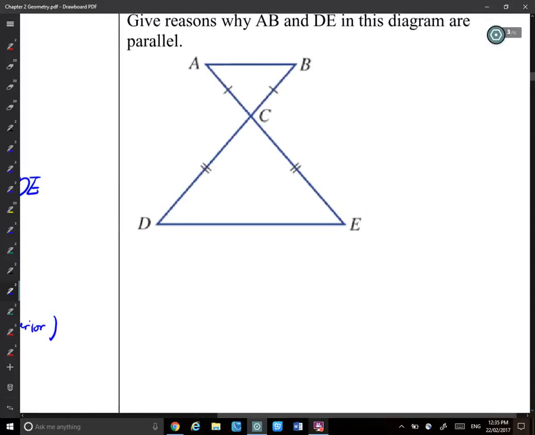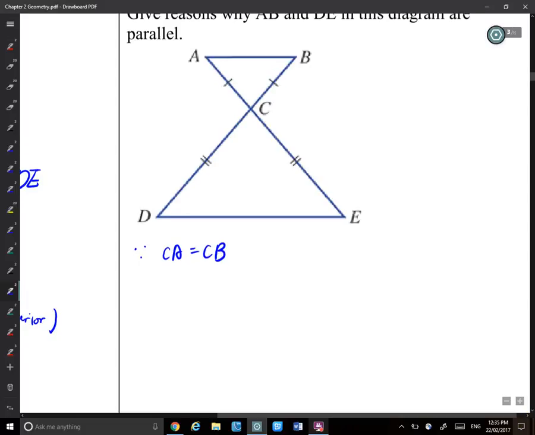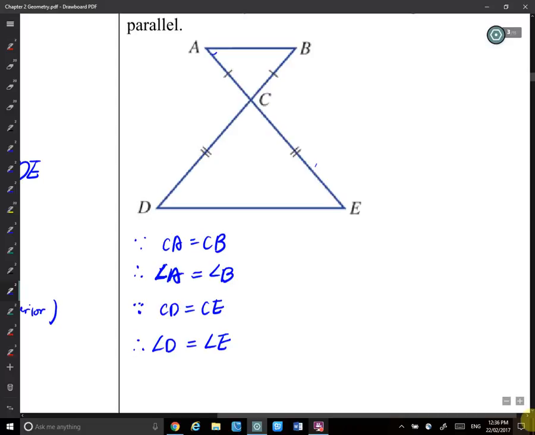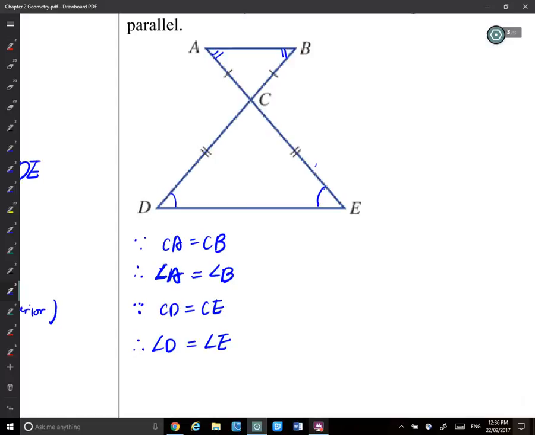Because CA equals CB, those two lines are equal, that's given to you, so angle A equals angle B. Because CD equals CE, those bottom two are equal, so angle D equals angle E. You have two pairs of equal angles, but you still haven't proved D equals B or A equals E yet.